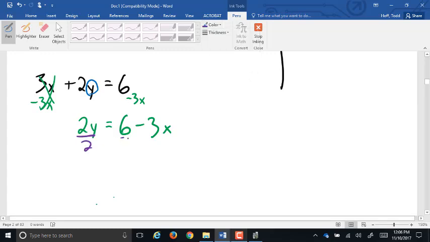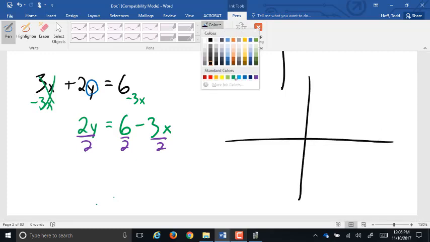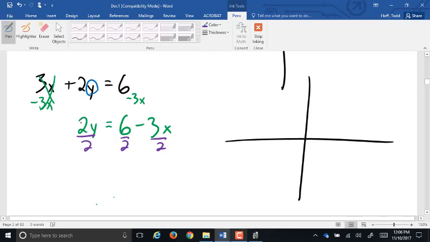Then we have to divide by 2. And remember, we divide every piece by 2. So 2y divided by 2 is just y. 6 divided by 2? 3. -3x divided by 2, -3/2x. So we start at +3, and go down 3/2.